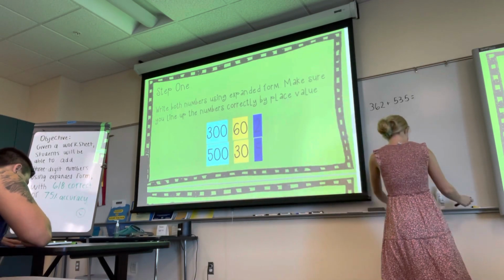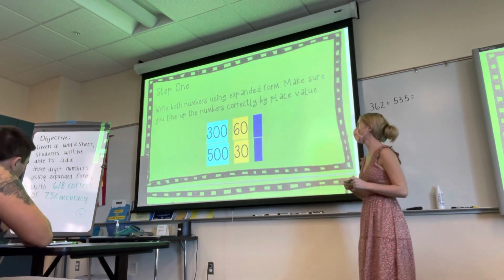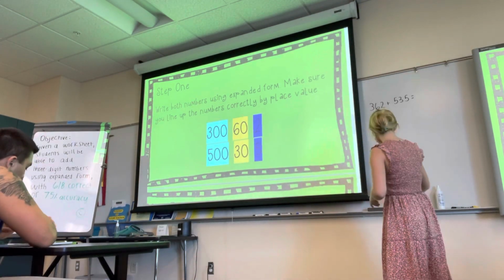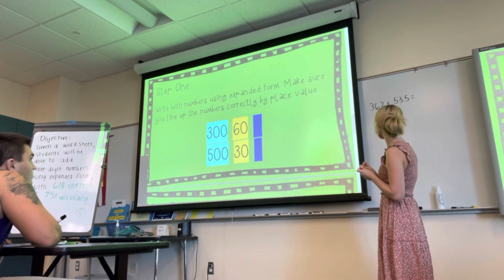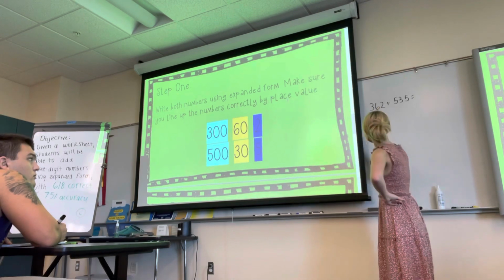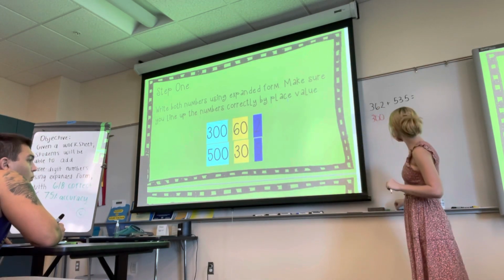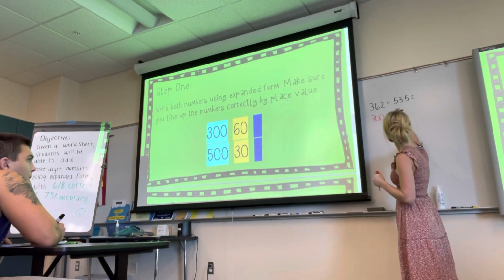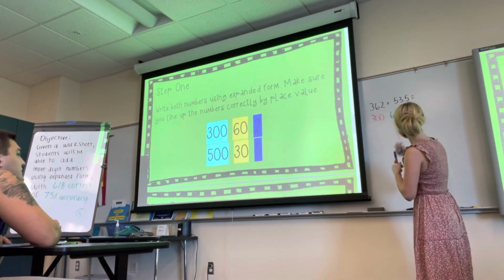Now, if you have multiple expo markers at your desk, you can break down the number in different colors like I'm going to do up here, but if you don't, it's fine to just do it in black and white. So 362 is hundreds, 300. The tens, 60. And the ones, 2.